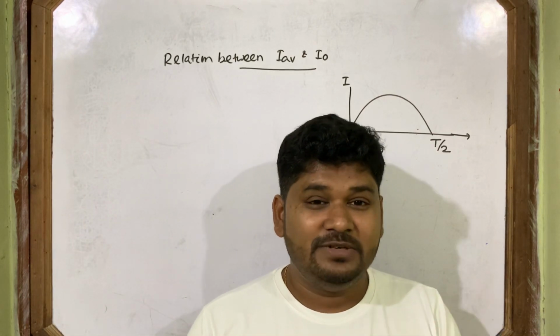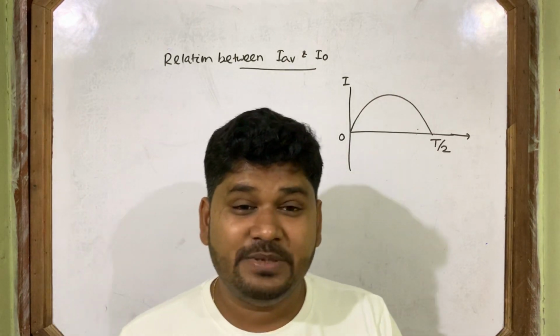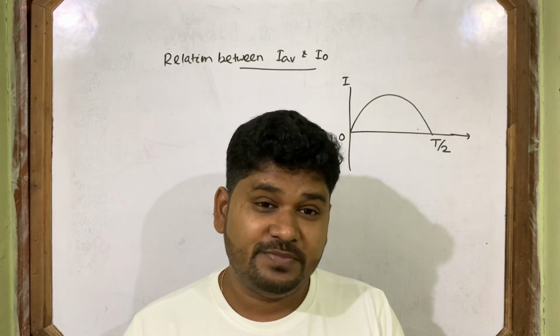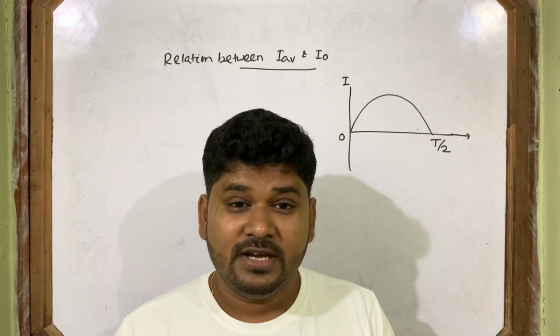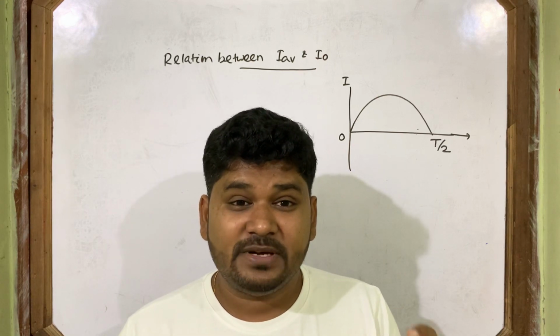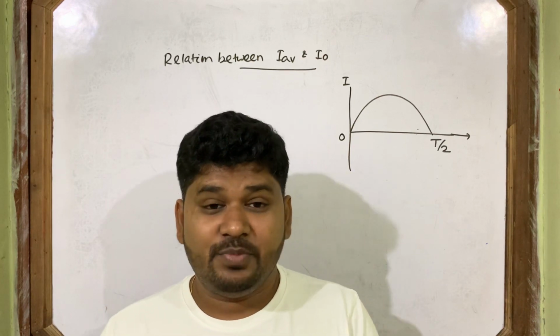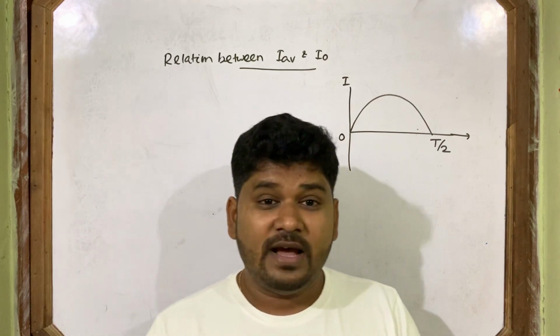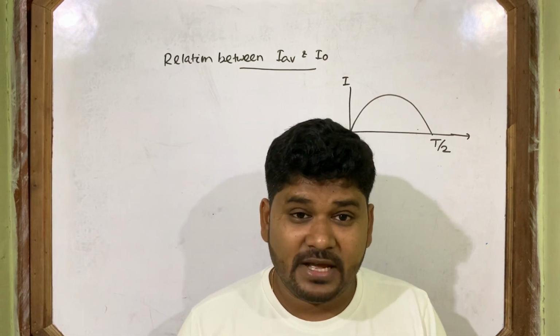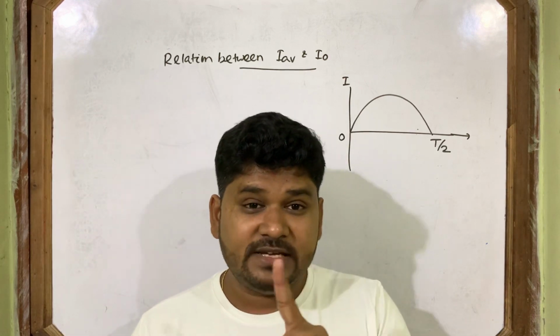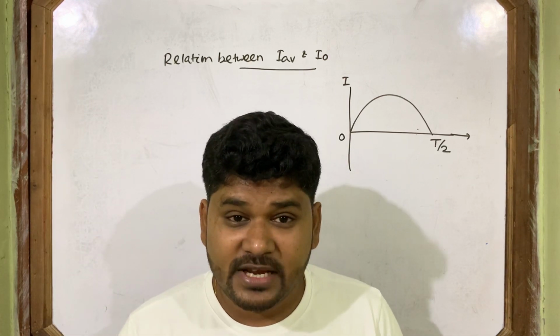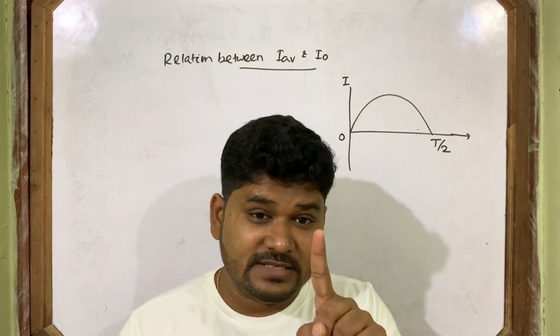The current in our home supply has a frequency of 50 Hz. 50 Hz means how many cycles pass per second? 50 cycles per second. Which means 100 half cycles in 1 second.